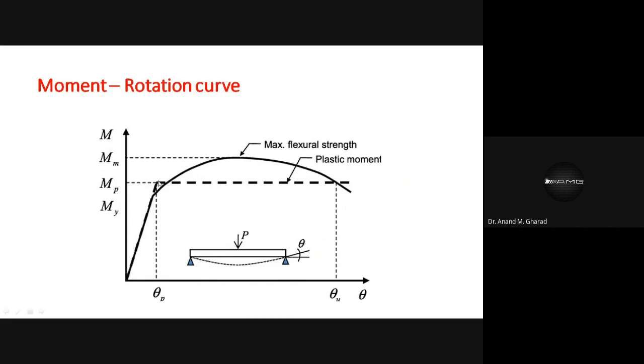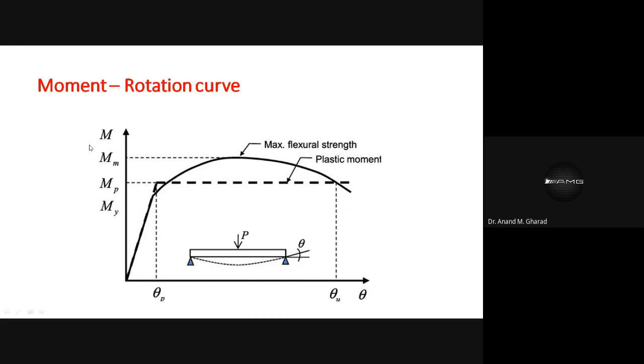Mp is known as the plastic moment, because you can see over here at this point, after the increment of moment, this curve has entered into the plastic zone. And for simplifying the matter, this has been extended up to the failure point, right? Mu is the maximum flexural strength, maximum bending strength, or maximum flexural capacity. Okay?